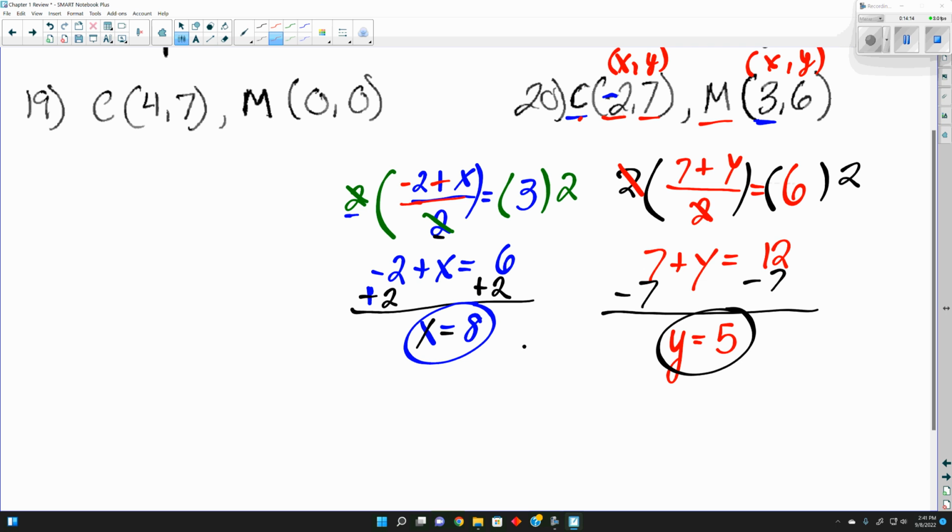So the point is 8, 5. Questions on this here? So again, this is straight using the formula. Endpoint, midpoint. We plug it into their corresponding spots, and we solve for the other value. Questions on this here?